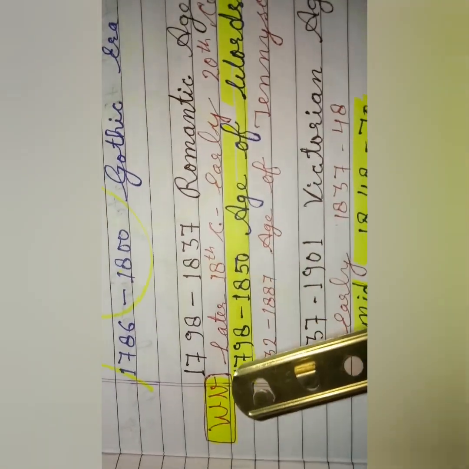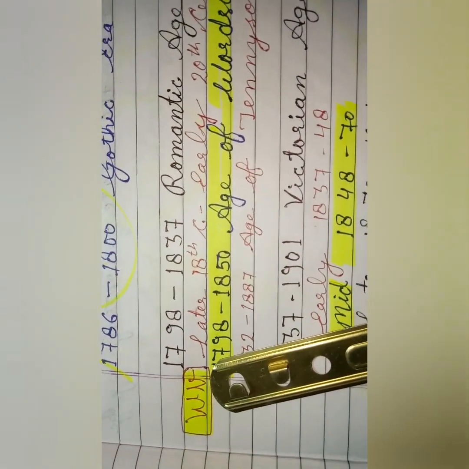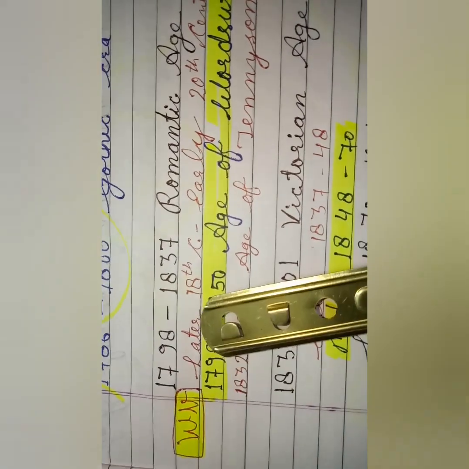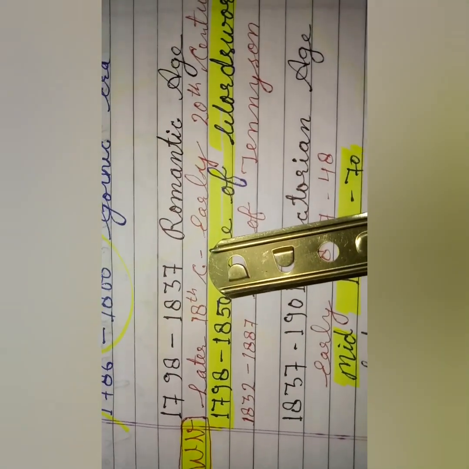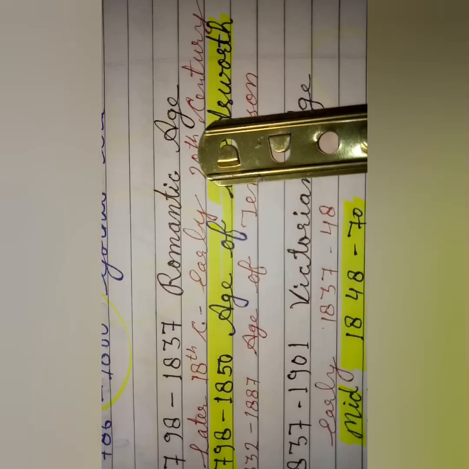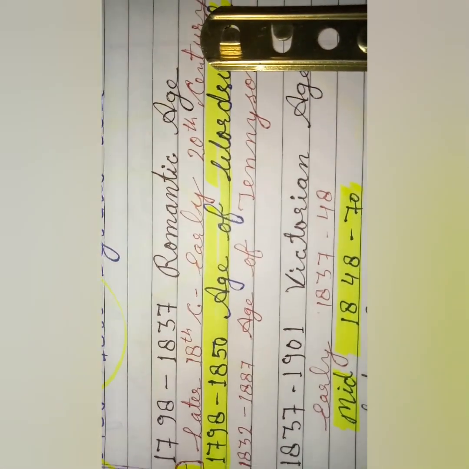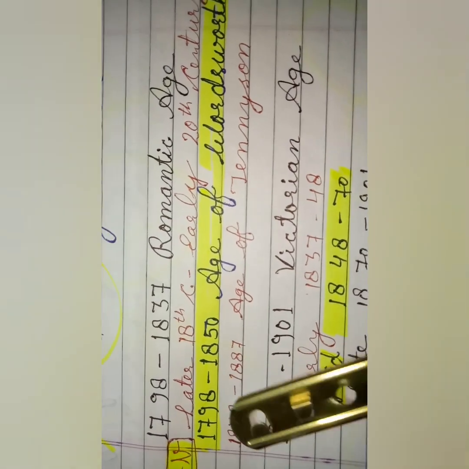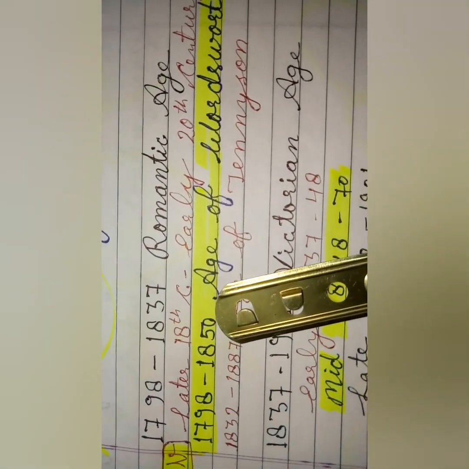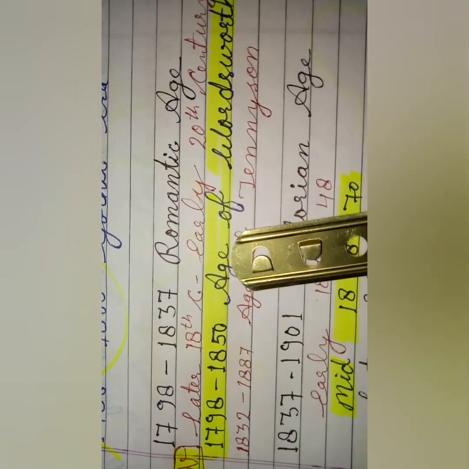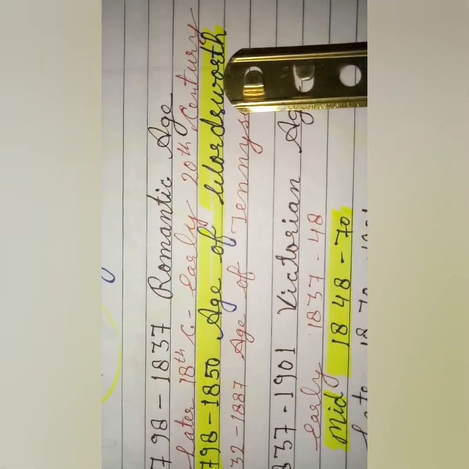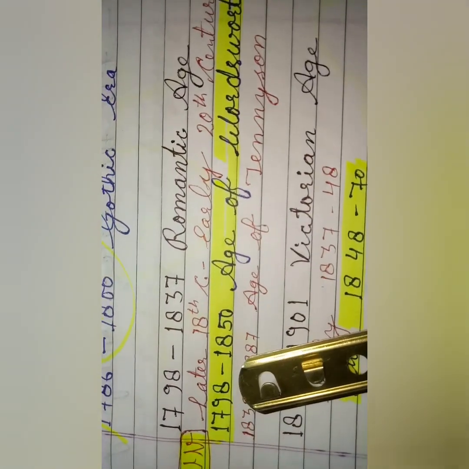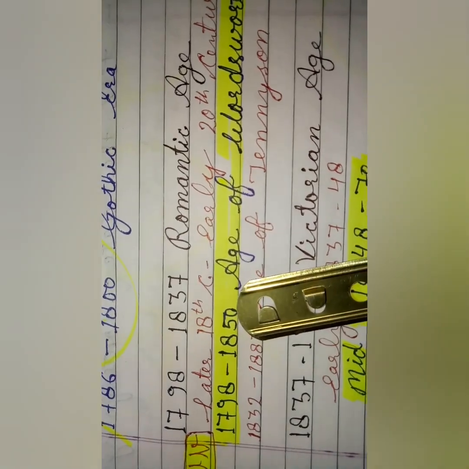Yes, the next formula is WV, later 18th century to early 20th century. 1798 to 1850 is known as the Age of Wordsworth.